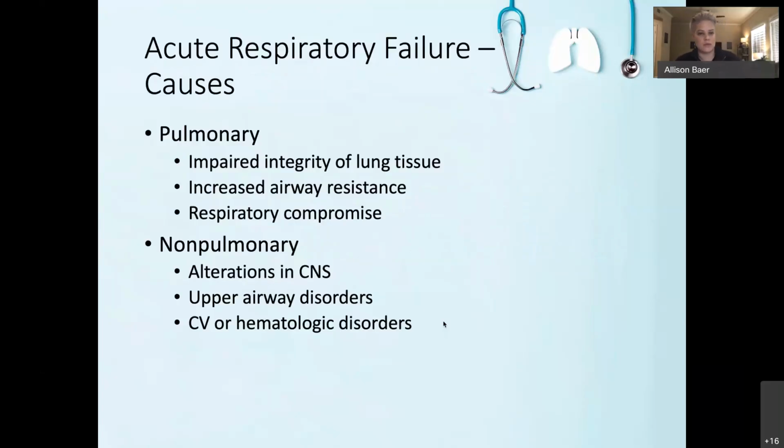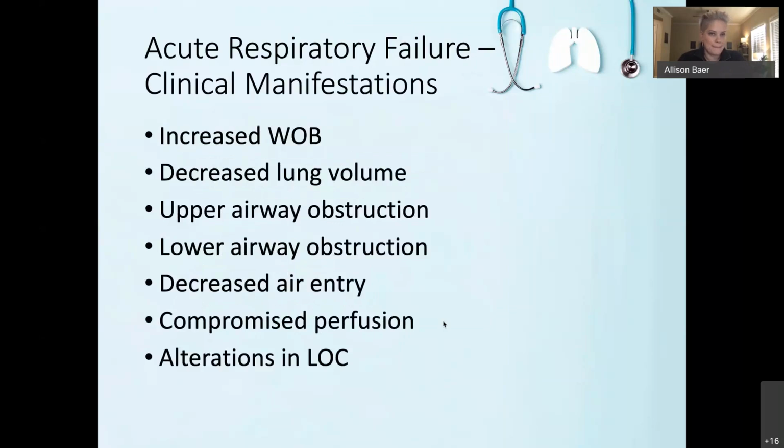But you can also have it from non-pulmonary complications. This could be respiratory failure because something's happening in their brain that makes them stop breathing, either seizures or meds or something like that, or pressure that's affecting their drive to breathe. You could have upper airway disorders or CV or hematologic disorders.